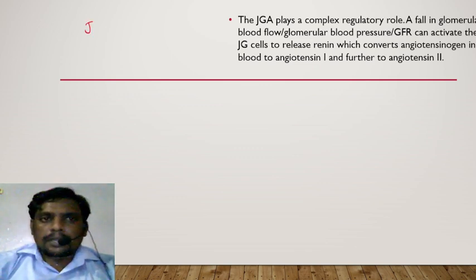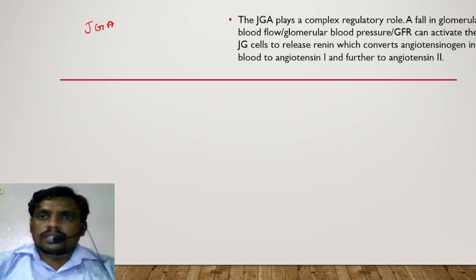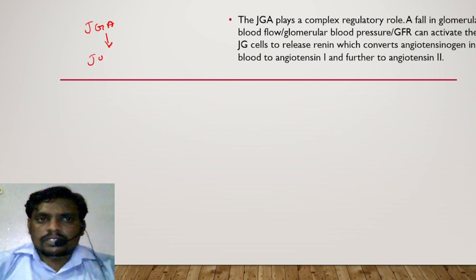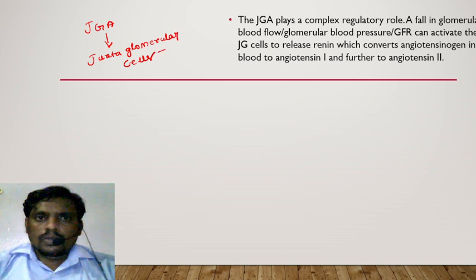Juxtaglomerular apparatus, or JGA, plays a complex regulatory role. A fall in juxtaglomerular blood flow or blood pressure can activate the juxtaglomerular cells to release renin.